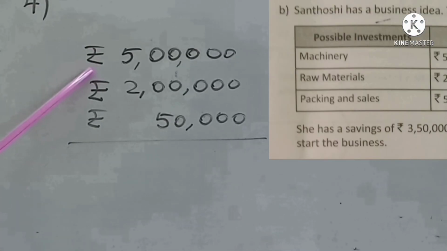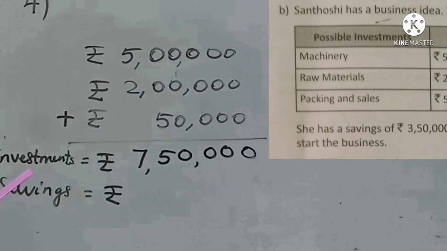Machinery rupees 5 lakh, raw materials rupees 2 lakh, packing and sales rupees 50,000. So first we have to find the total investments. The total investment is rupees 7 lakh 50,000. Savings, rupees 3 lakh 50,000.